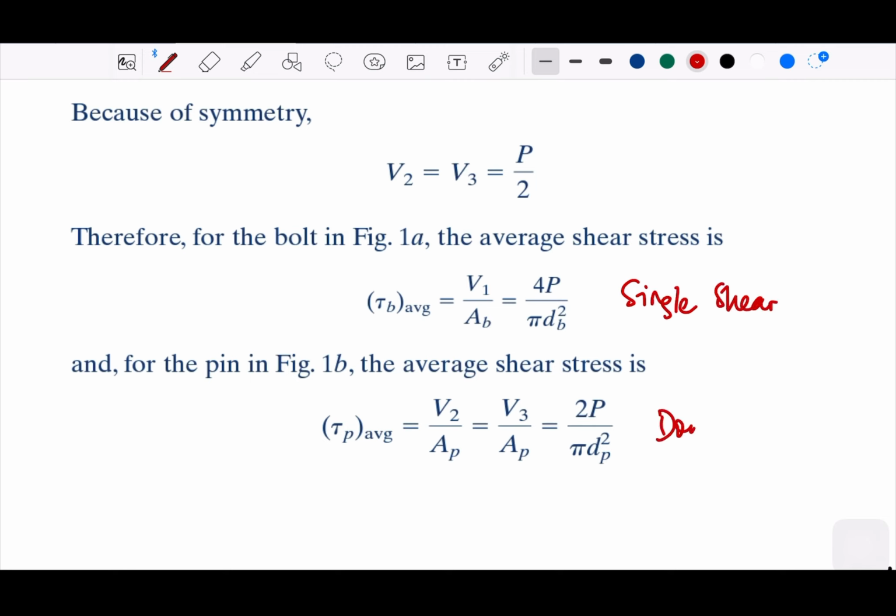This is double shear. You will see the differences between single and double when you solve problems, based on the information you have. Or maybe the problem provides some pictures with some references, and then you need to know which part is single and which part is double.